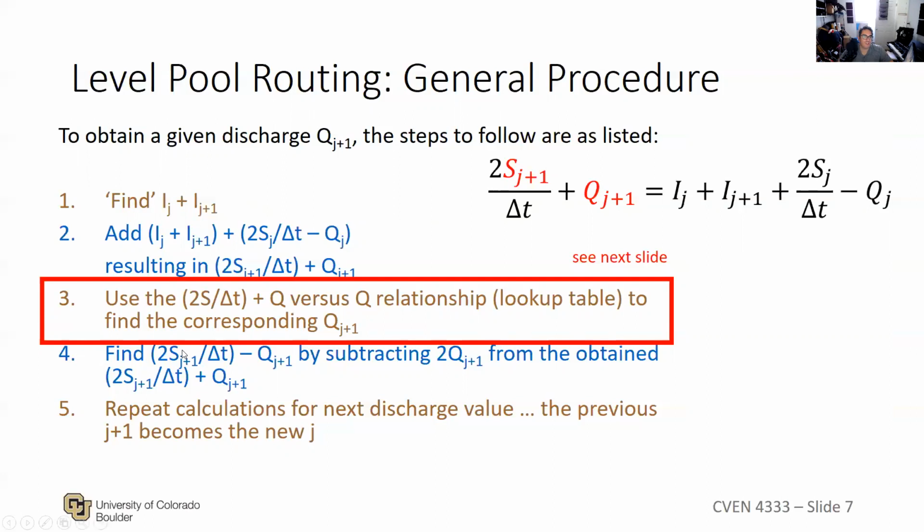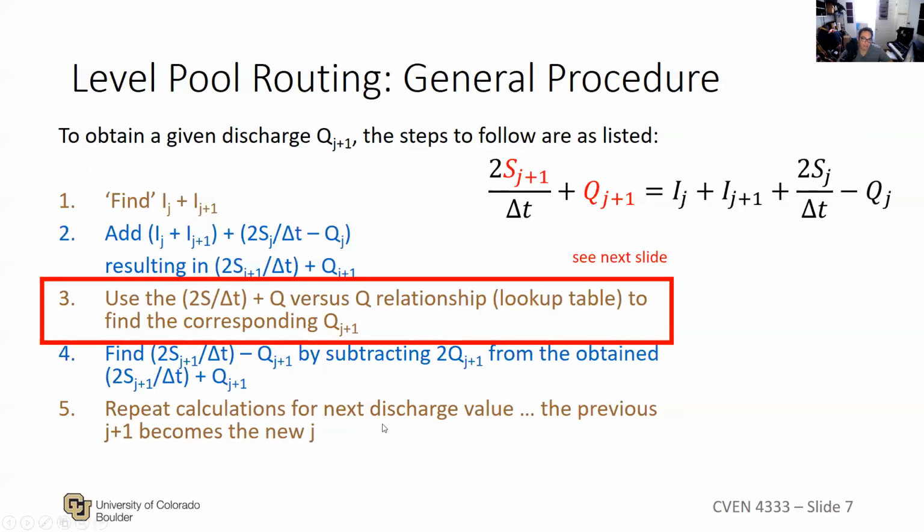What you need to find at the next time step is 2S_j over delta t minus Q_j, right? But we haven't switched time steps yet, so it's still j plus 1. So if you take the new Q_j+1 that you found, multiply it by 2, and subtract it from what you already have, that's going to give you what you need for the next time step.